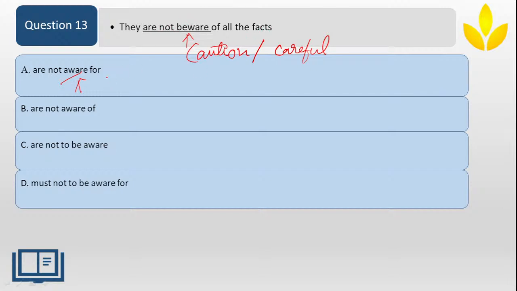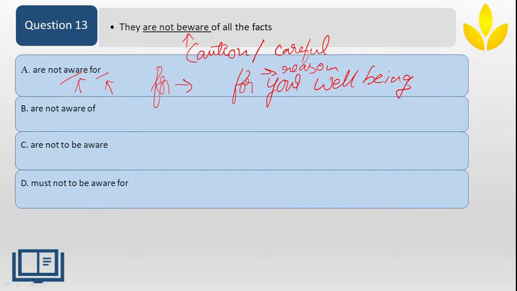So again, you have to check the prepositions here. "For," again, is a preposition of direction; for example, "for your well-being, eat healthy." "For" gives you a reason. So "beware of for all the facts" is wrong, and we can eliminate "for" easily.